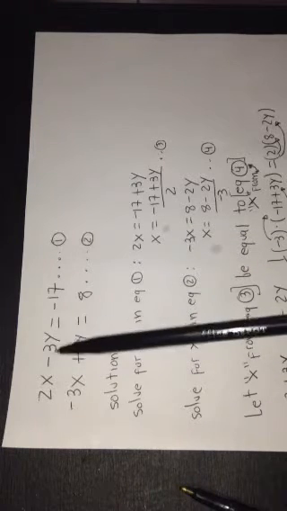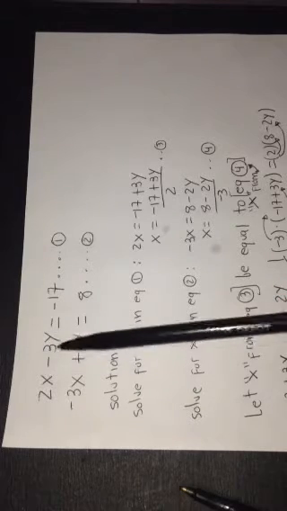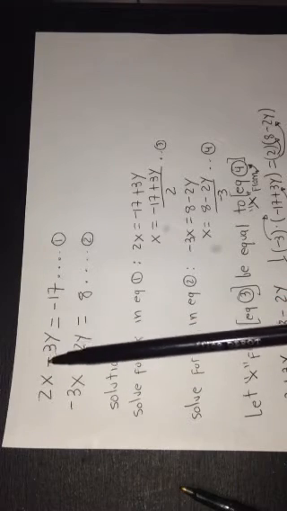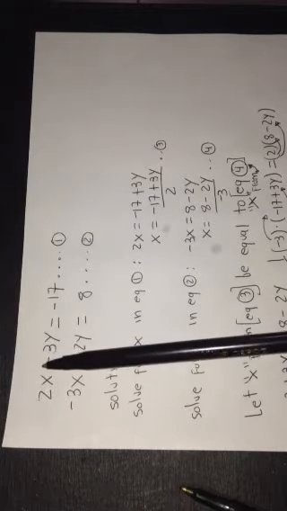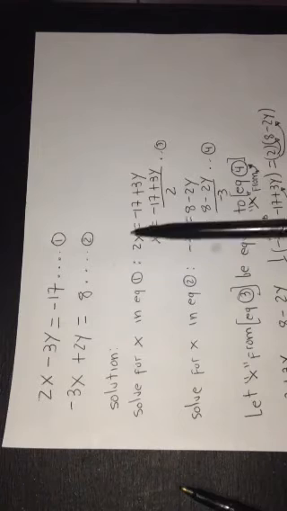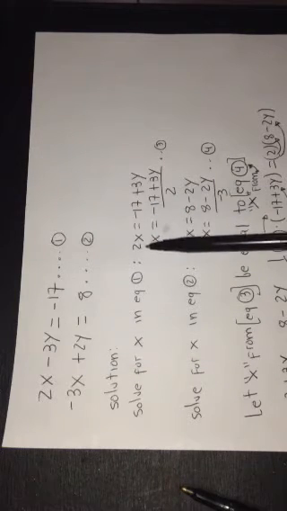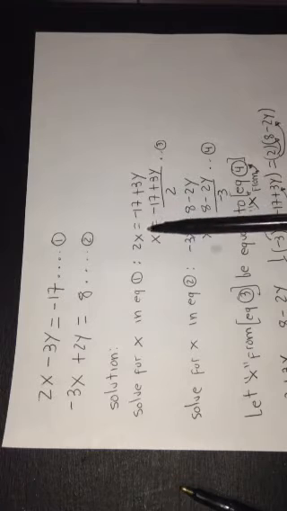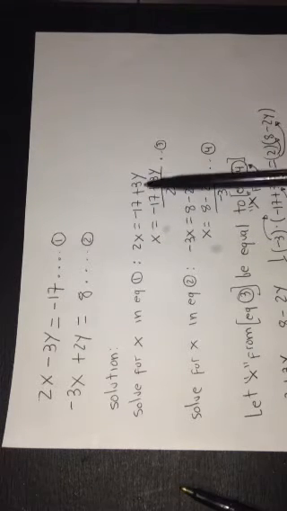Clearly here, when you have a negative term being subtracted from this one, when you bring it to the right hand side you switch the sign. So this is negative, so it will become positive right here. So this will be 2x equals negative 17 plus 3y.